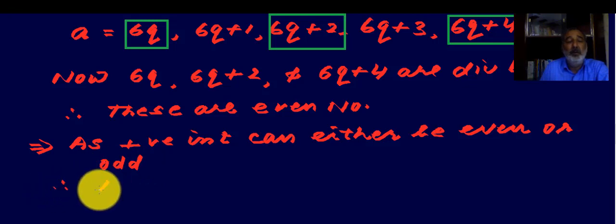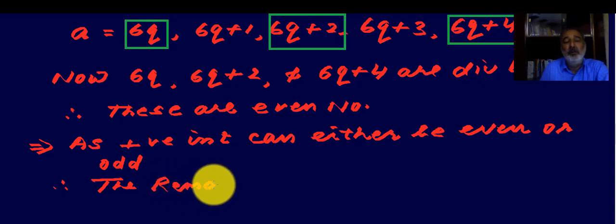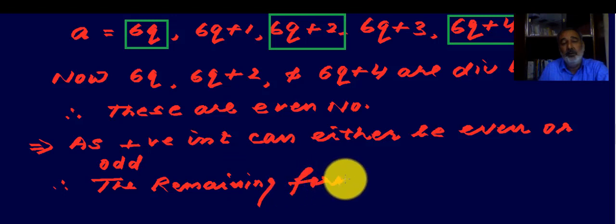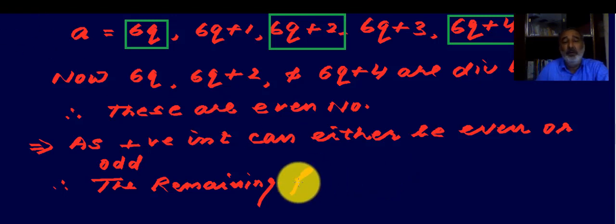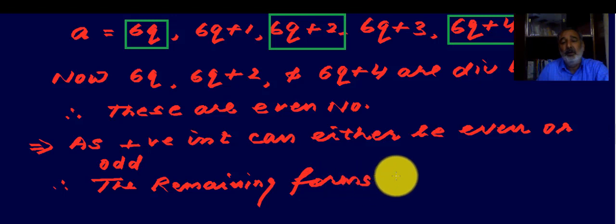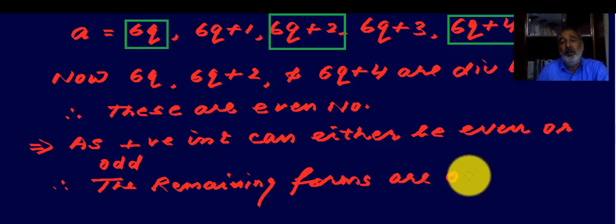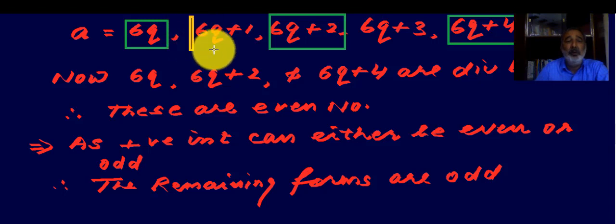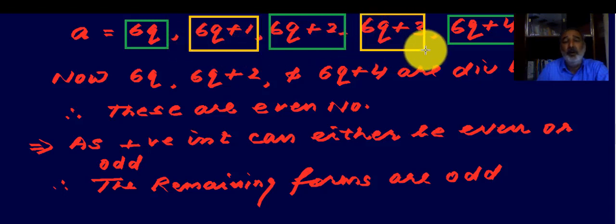Therefore, the remaining forms are odd. And what are the remaining forms? Check them out. The numbers enclosed in yellow boxes are remaining.